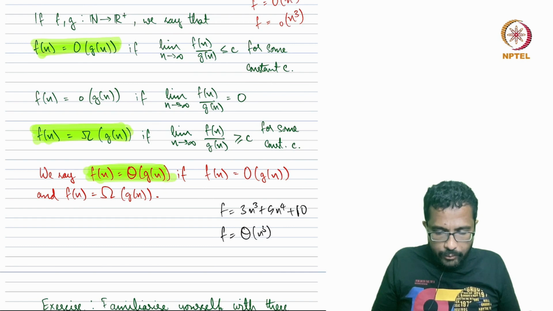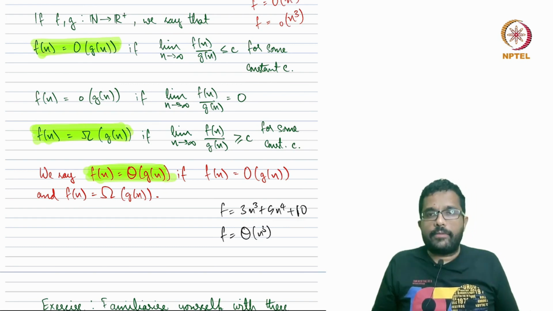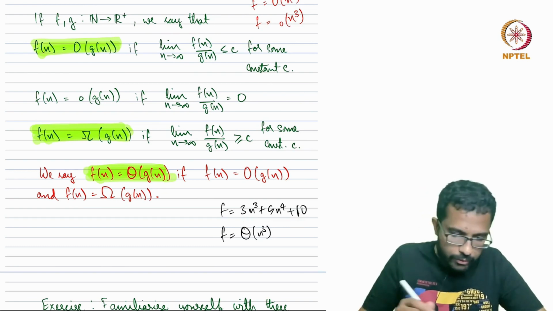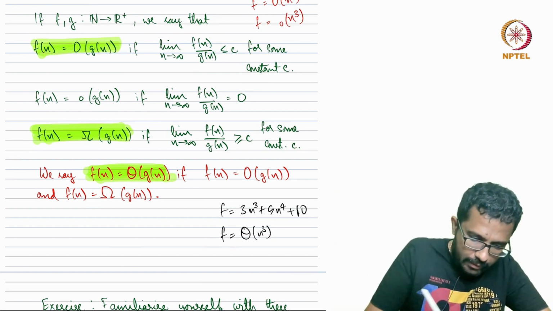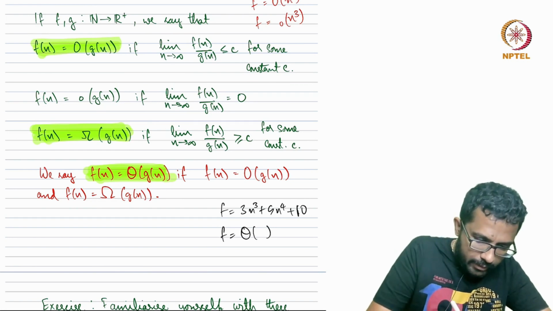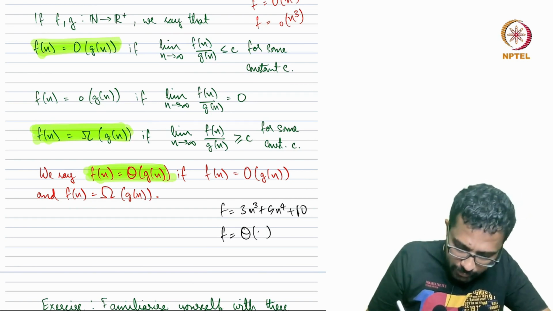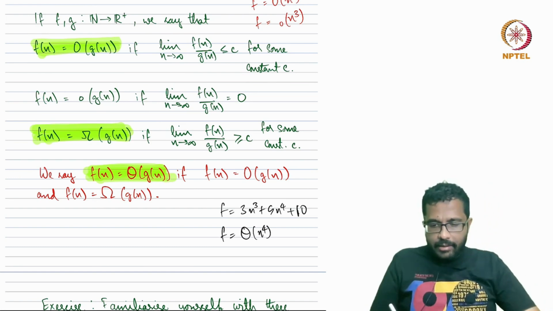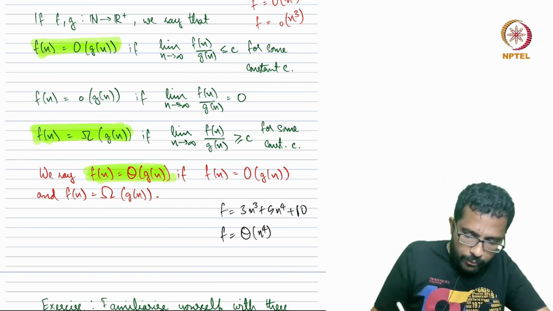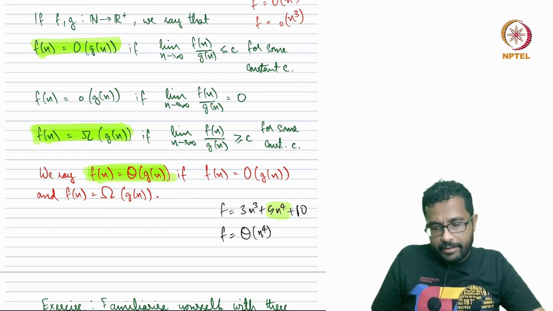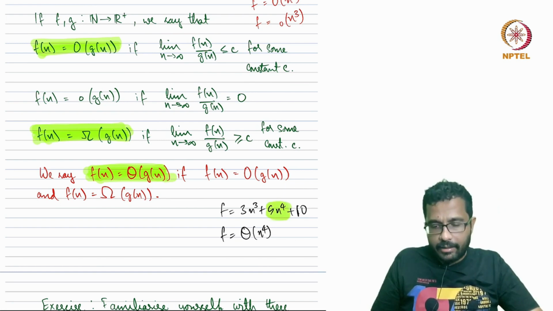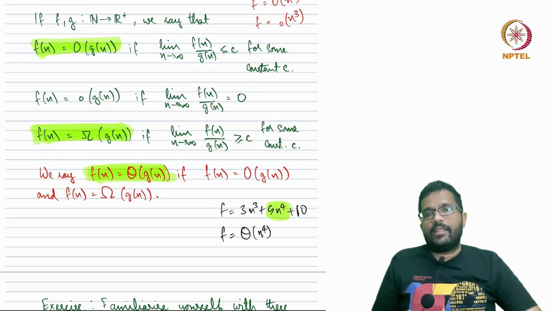So here if you look at 3n cubed plus 5n power 4 plus, sorry, this is wrong. What I meant is, I'm really sorry about this error, it should be n power 4, because here the term 5n power 4 is the dominating one. When n tends to infinity, this term grows much faster than the other terms, n cubed and 10, right?